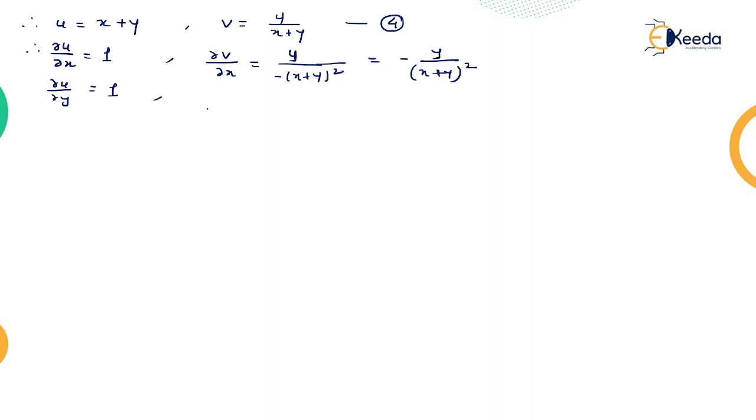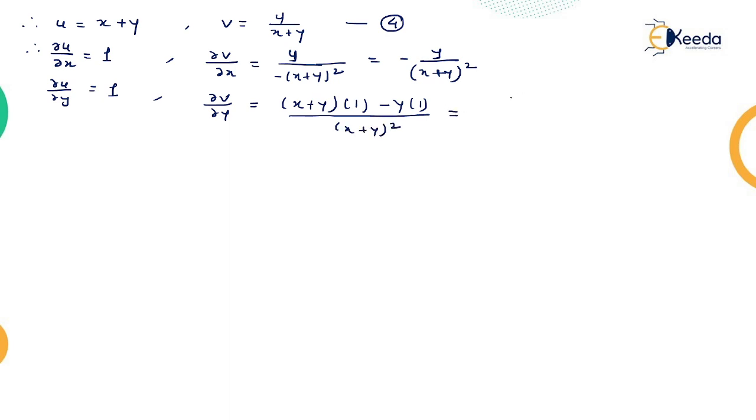Similarly, ∂v/∂y, keeping the other variable as a constant. Numerator and denominator are both present, therefore you have to use the quotient rule. The quotient rule is: denominator into derivative of numerator, that is 1, minus numerator into derivative of denominator, that is also 1, divided by denominator square, means (x+y) whole bracket square.